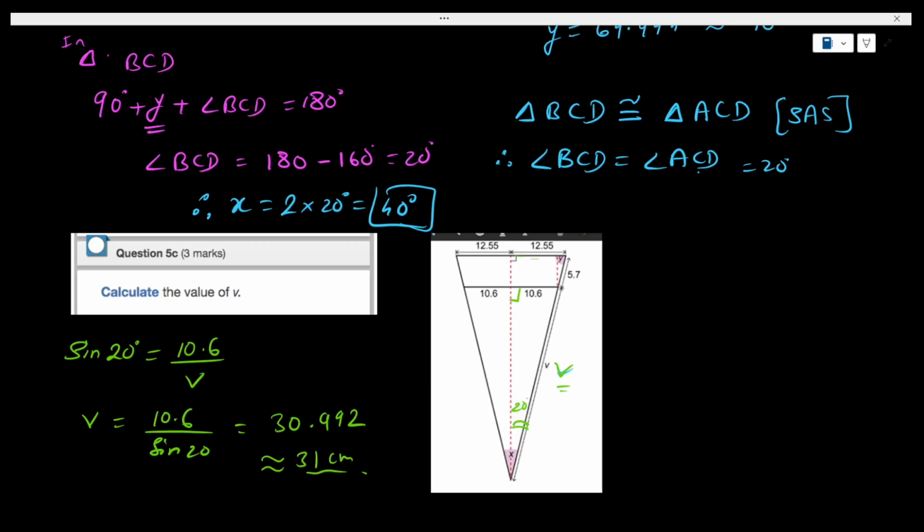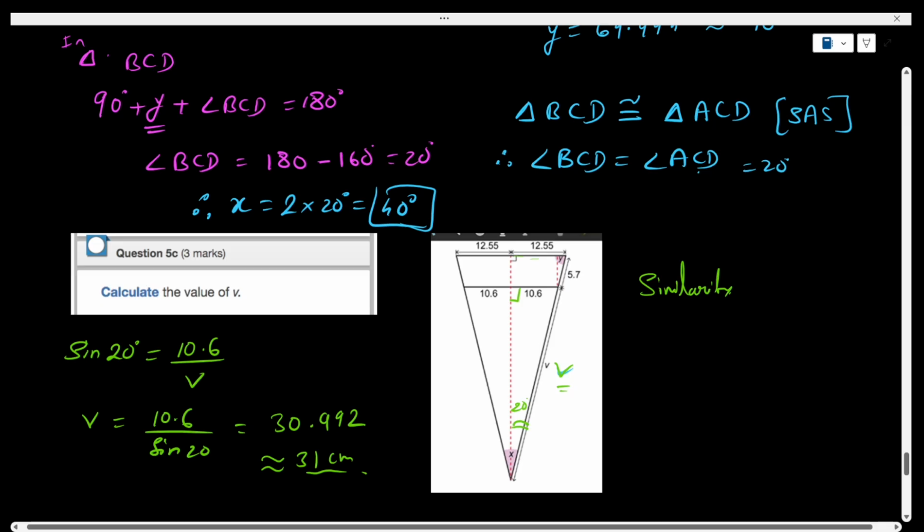How to use the similarity? Here you know the ratio, because in similarity the big and small triangle are going to be similar. This big triangle will be similar to this small triangle using AA similarity, because corresponding angles are equal, the 90 degree angles are equal, and this 20 degree angle is common.